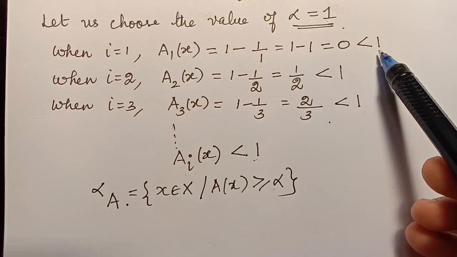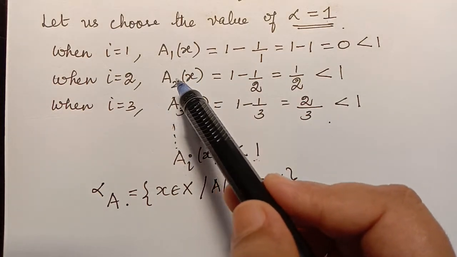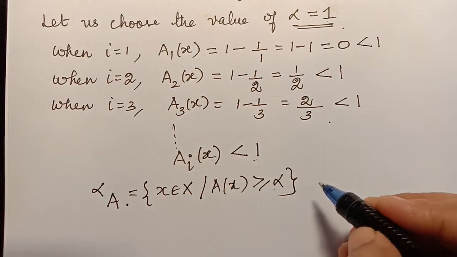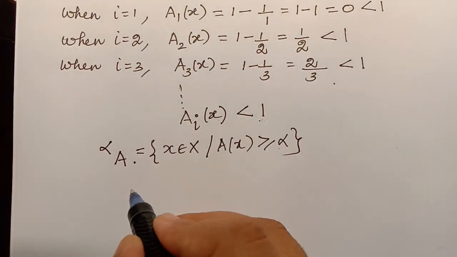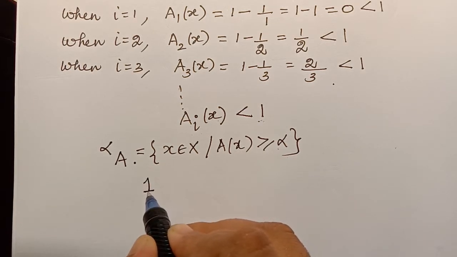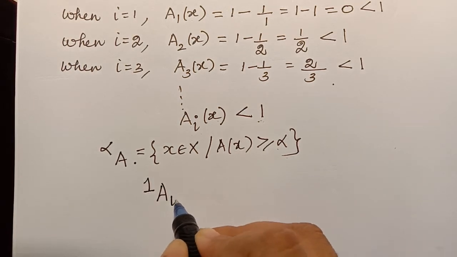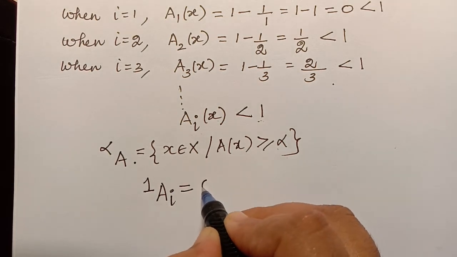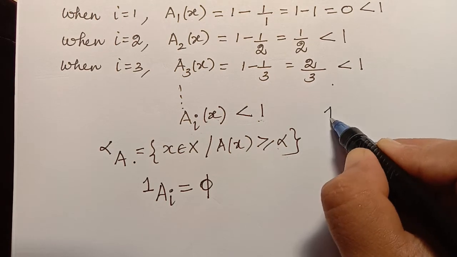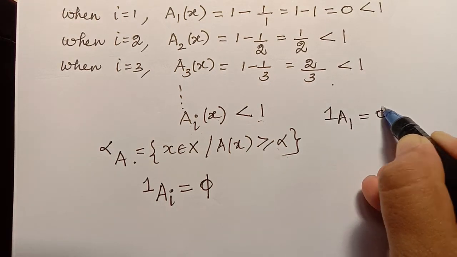Similarly for A2 also it will be a null set, and A3 also a null set. So in general the alpha cut of AI, that is the one cut, because we have chosen alpha to be equal to 1, is equal to a null set, because one cut of A1 is equal to null set.